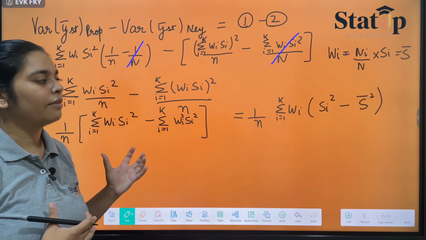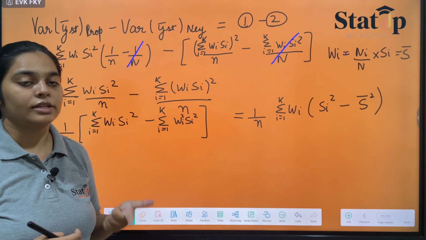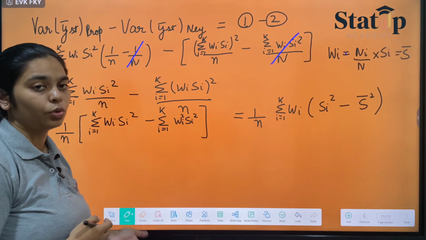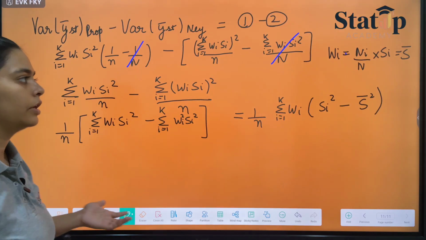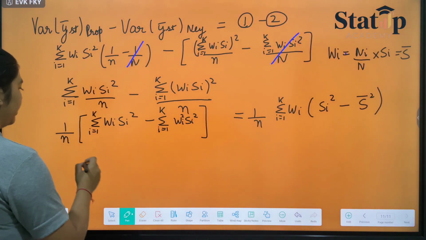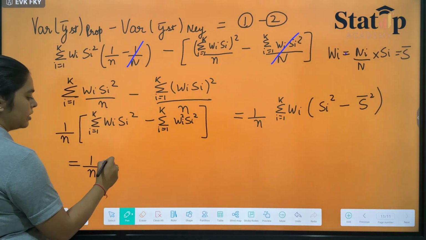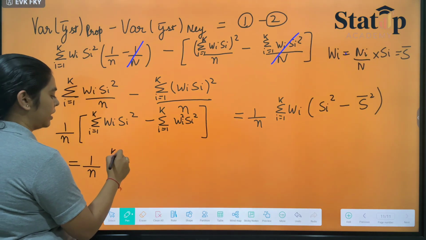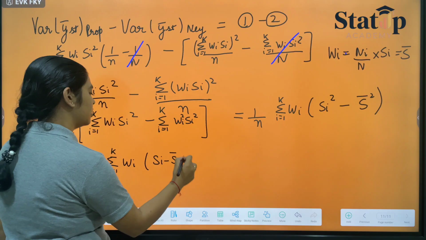So suppose N1 was the size of stratum 1 and S1 is the variance of stratum 1, and if we divide it by the total number capital N, then we will get the mean of stratum, which is S bar. So this can be written directly as 1 upon small n summation i goes from 1 to k Wi into Si minus S bar whole square.